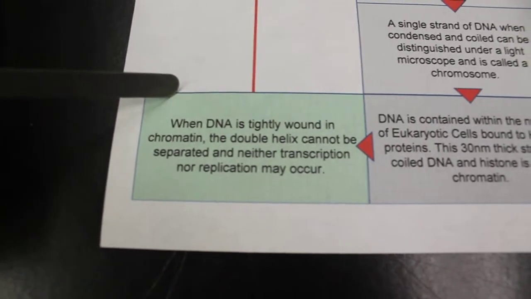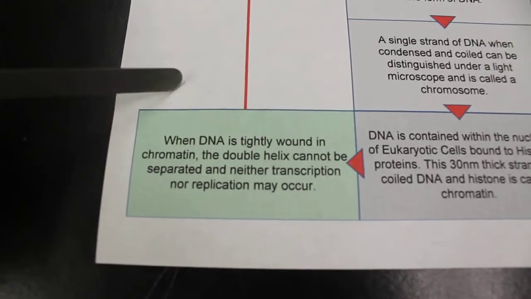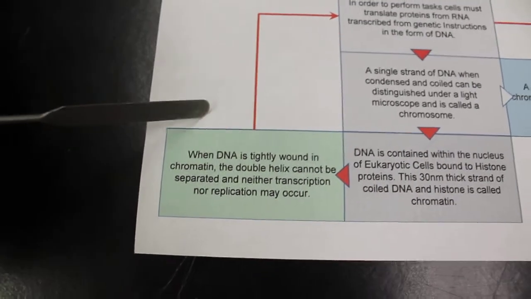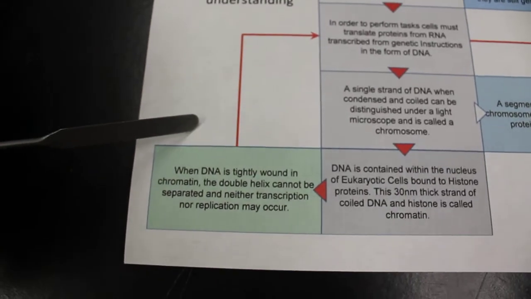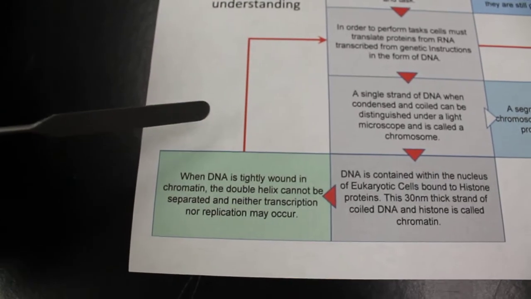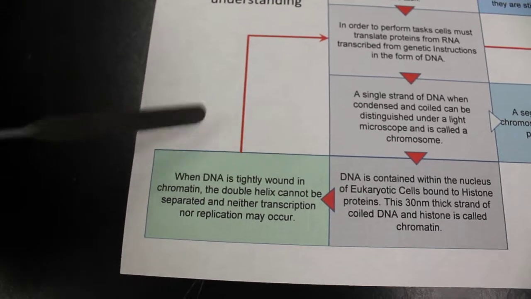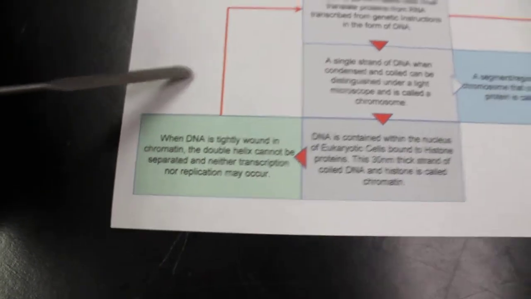So that's how we turn DNA on and off. We make it such that we cannot uncoil and unwind and separate the DNA double helix. That way, we can't transcribe RNA and can't translate proteins. No proteins means no functions are performed.